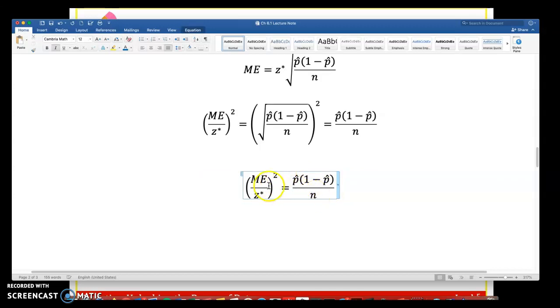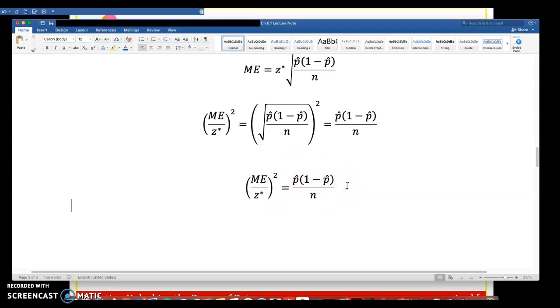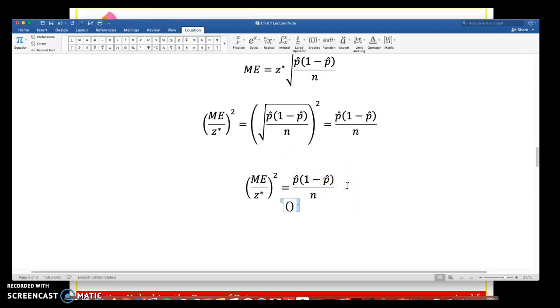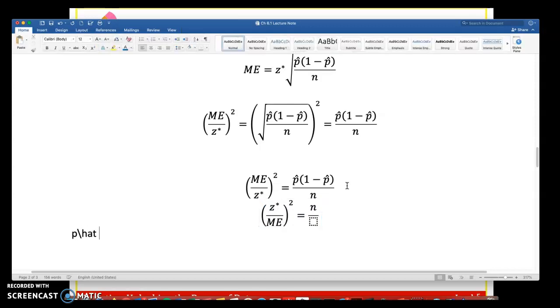And now here we could cross multiply, or if I have two ratios that are equal to each other, I could invert these. In other words, I could write this as, instead of margin of error over z star, z star over margin of error, and that's going to equal n over p hat times 1 minus p hat.